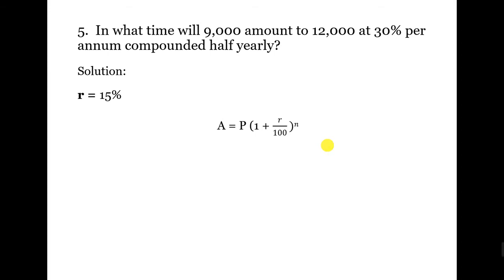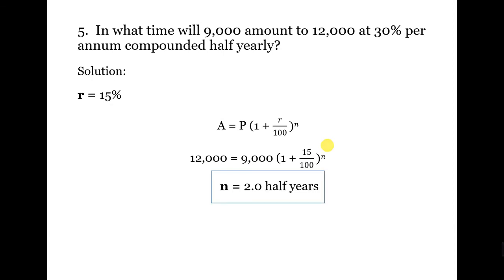Then we can directly use the formula of rule number 1 in terms of the amount accumulated. Now substitute the given values to the formula, and the result of the time frame is equal to 2 half years. So it means it is equal to 1 year only.